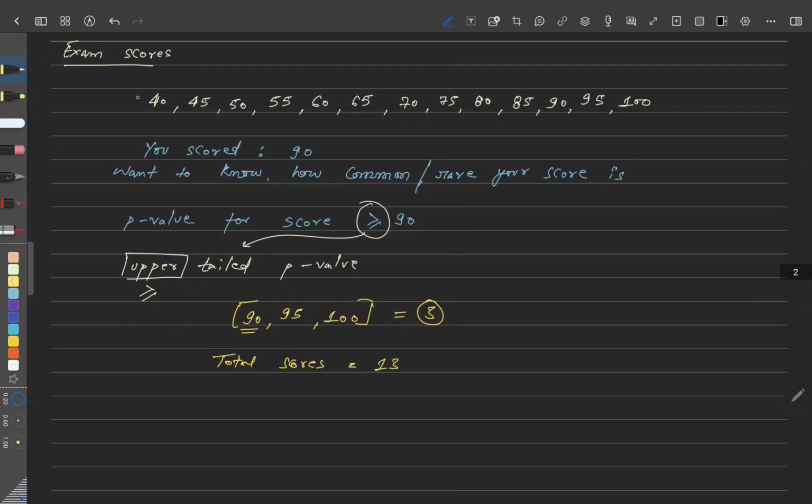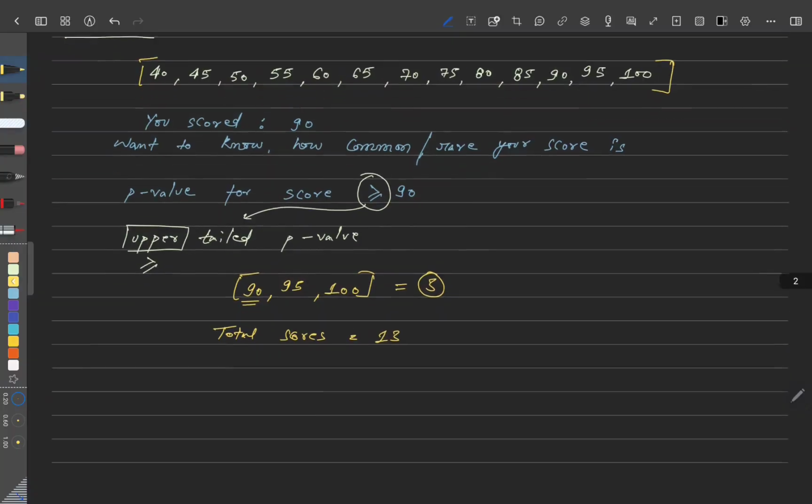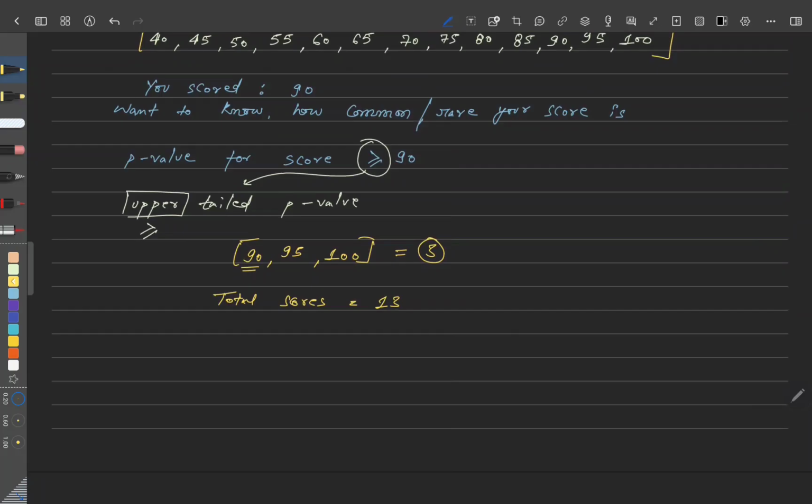If you count, these are 13 scores we have. And what is the share of values which are greater than or equal to 90? The simple way to do this is that the upper tailed p-value would be 3 over 13, which would approximately come as 0.23.